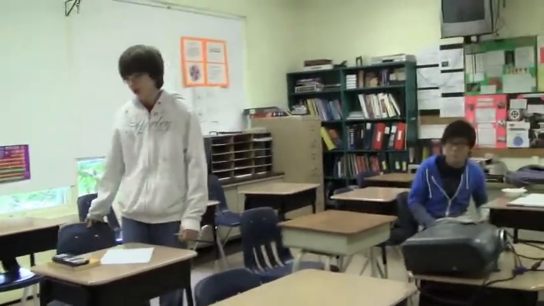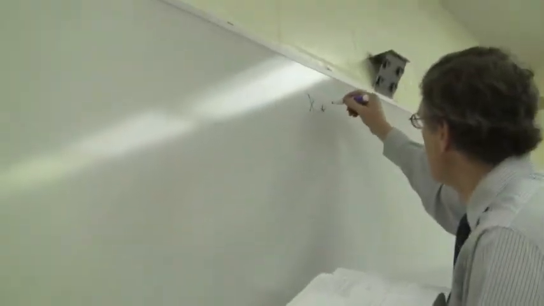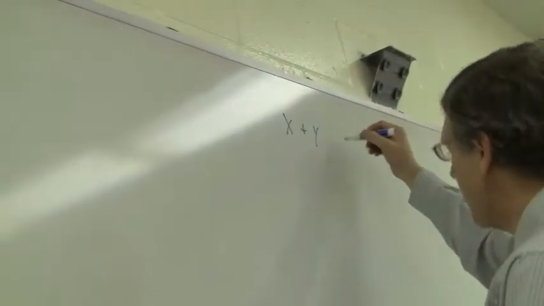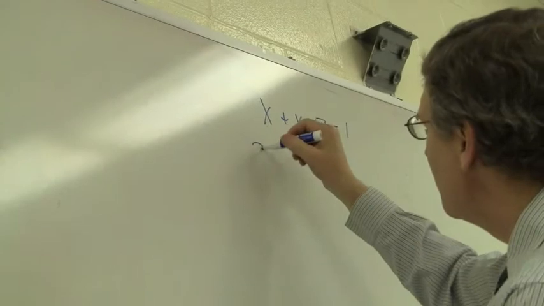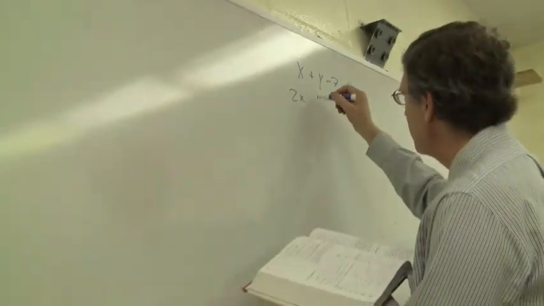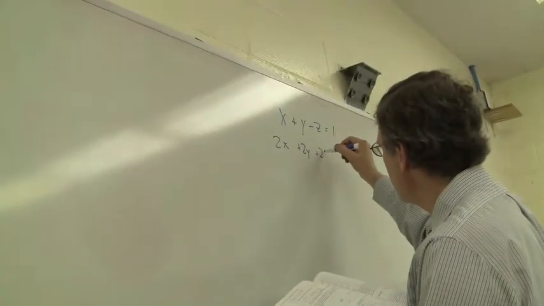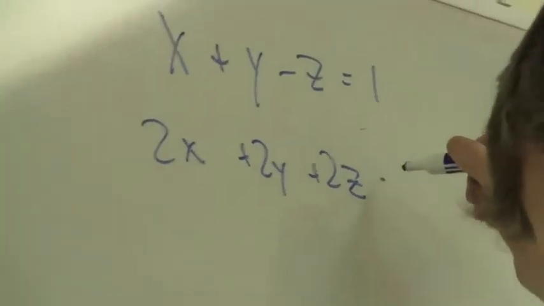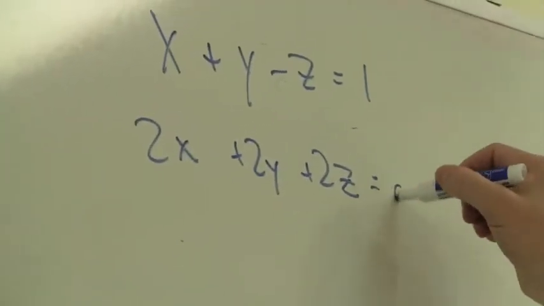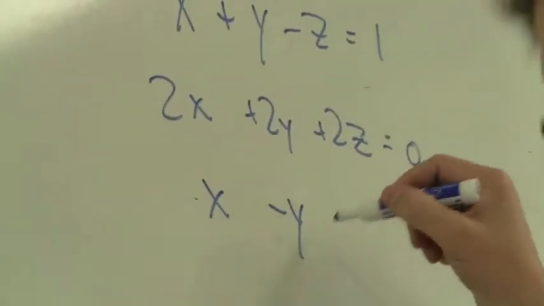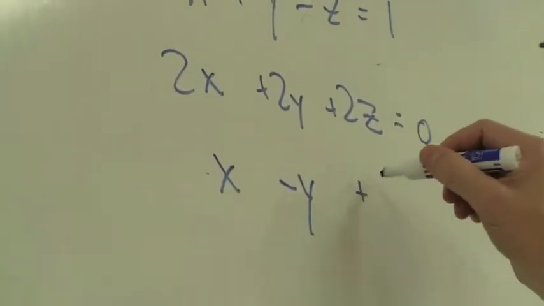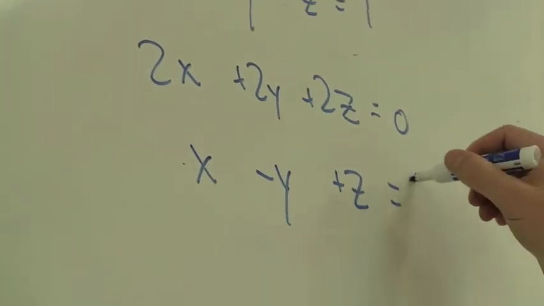Okay. x plus y minus z equals 1. 2x plus 2y plus 2z equals 0. And x minus y plus z equals 3.